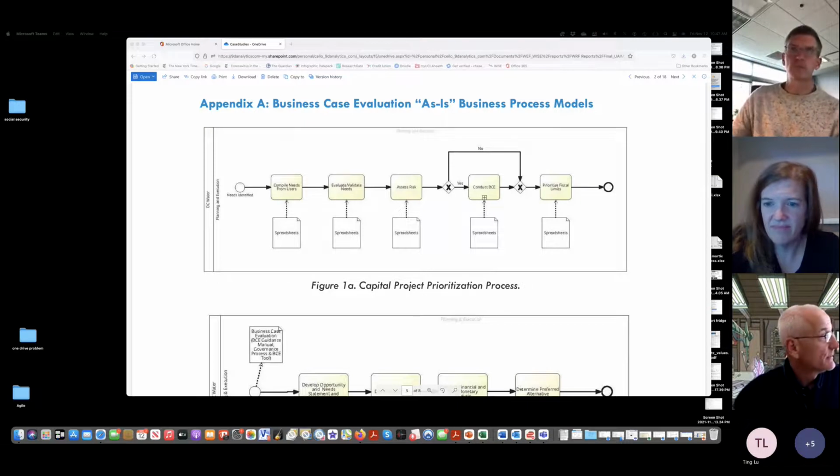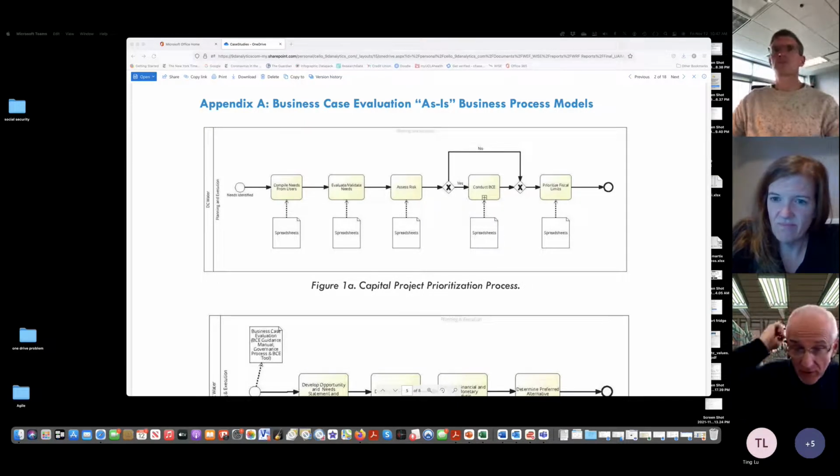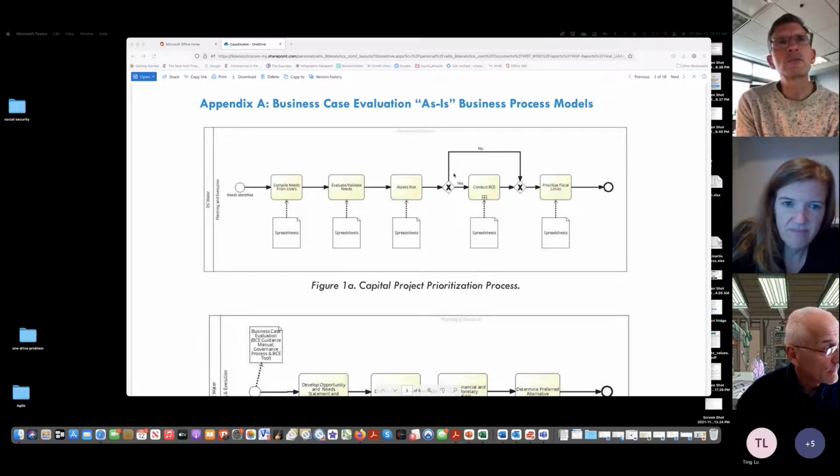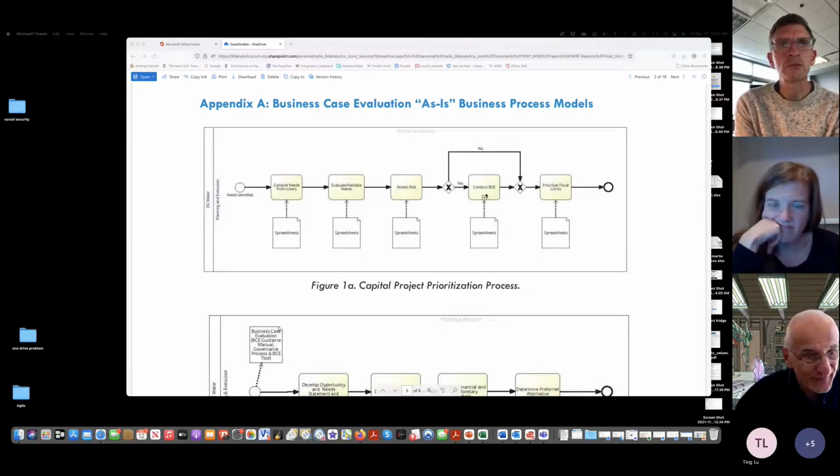I just flashed the DC Water analysis from their case study, where they were looking at this, conducting a business case evaluation. But you can see very similar logic in the components: compile needs from users, evaluate, assess risk, conduct business case evaluation, prioritize fiscal limits.